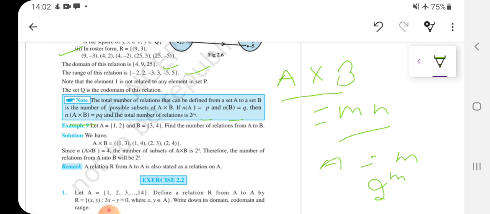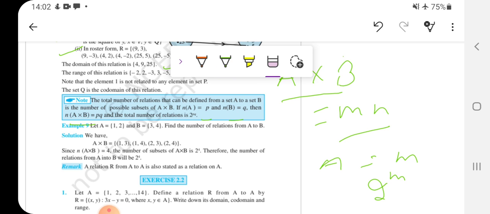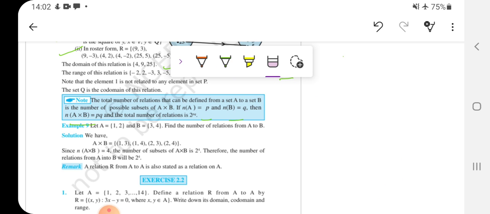So the total number of relations will be 2 power mn only, because subsets are actually what? Relations, right?